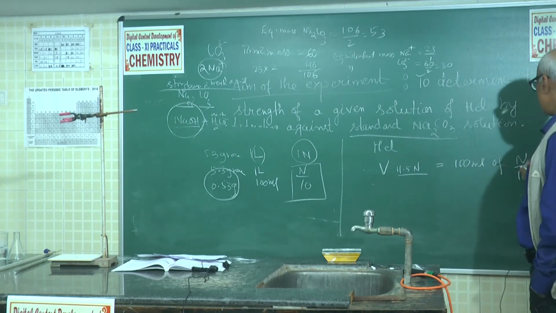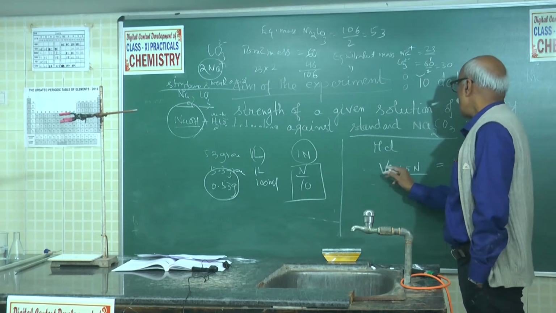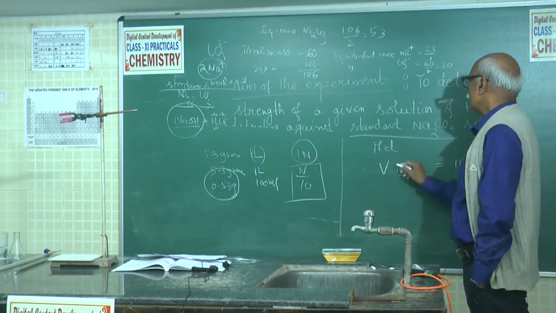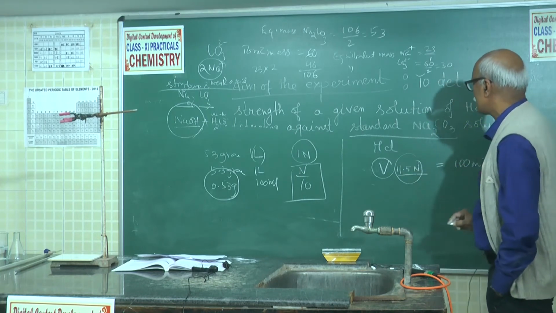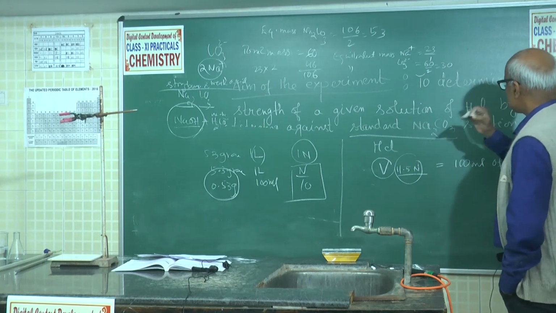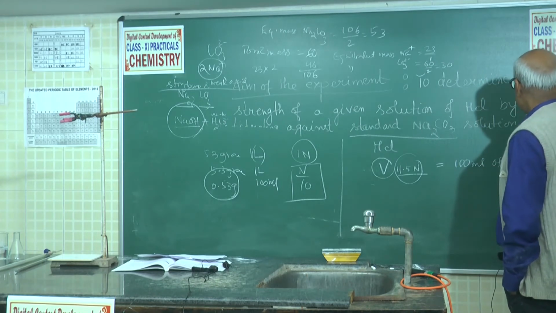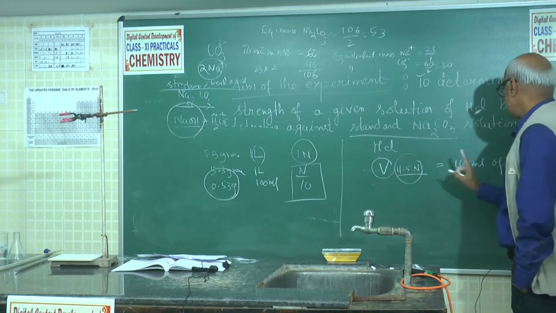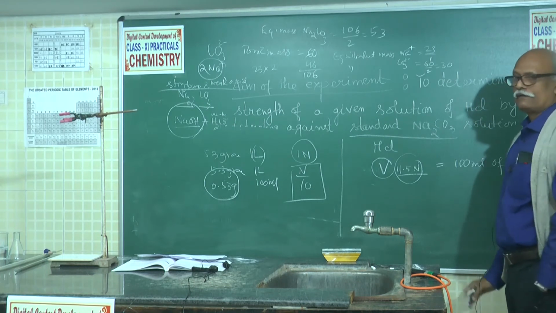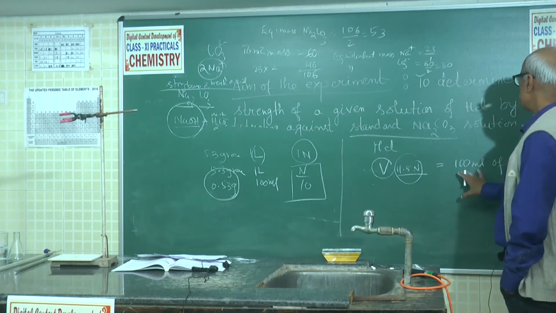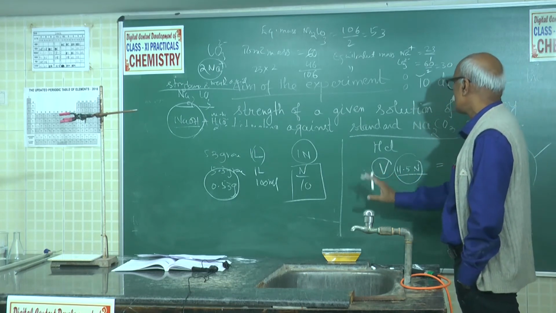To prepare 100 milliliter of N by 10 dilute acid, we need to take how many milliliter of 11.5 N hydrochloric acid, concentrated, and then add water in a measuring flask of 100 milliliter, we will be getting N by 10. V1 N1 is equal to V2 N2.